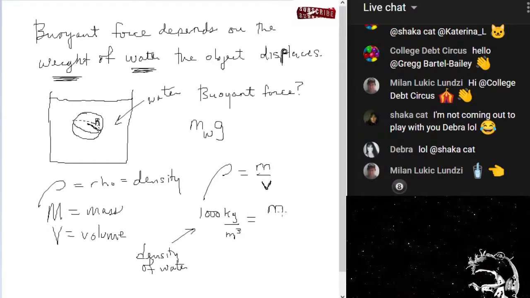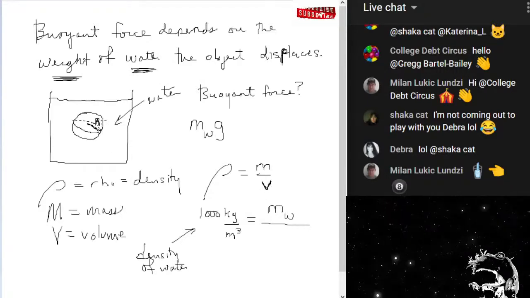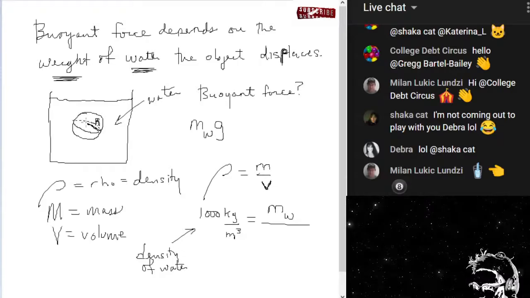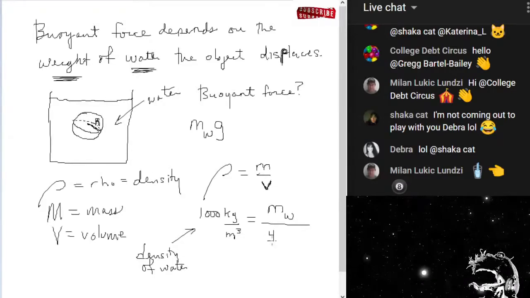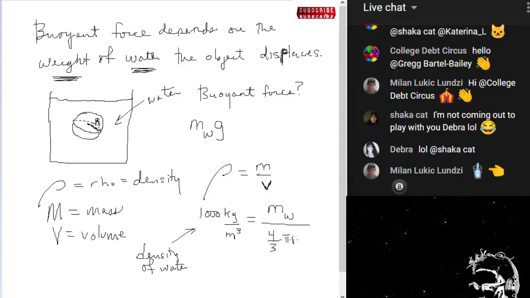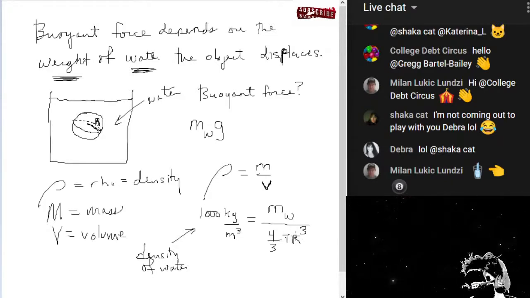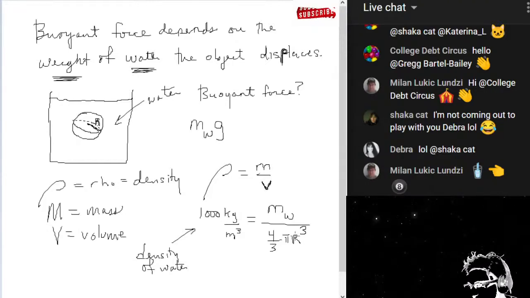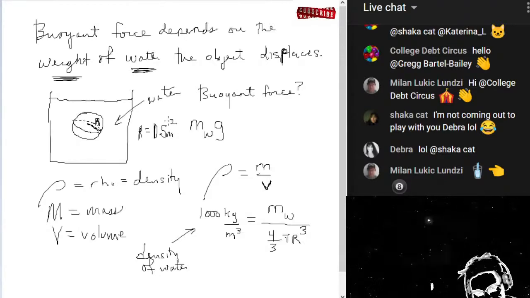Mass, we don't know. The volume we can get from the equation for the sphere. The volume of a sphere is 4/3 pi r cubed. Let's say our r here is a 0.5 meter ball.